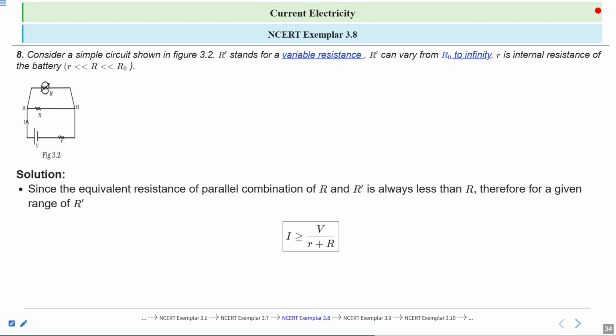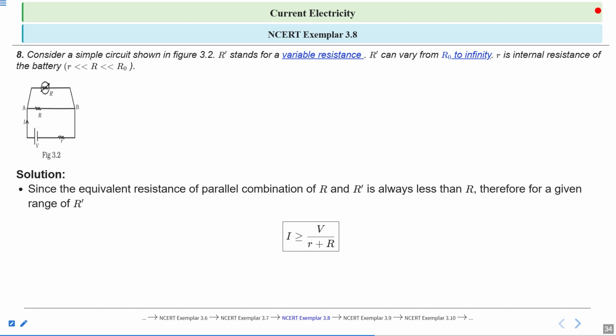Since the equivalent resistance of the parallel combination of R and R dash is always less than R, or equal to R if R dash becomes infinite, for the given range of R dash, R will always be greater than R equivalent.